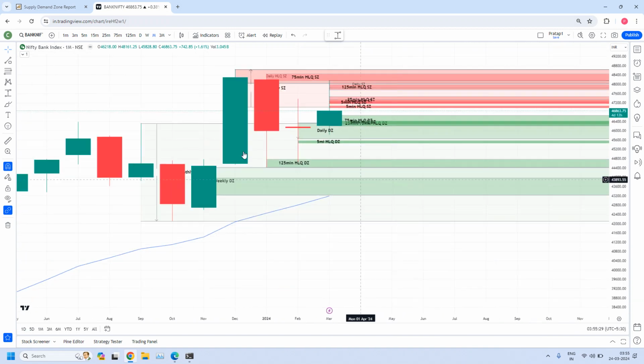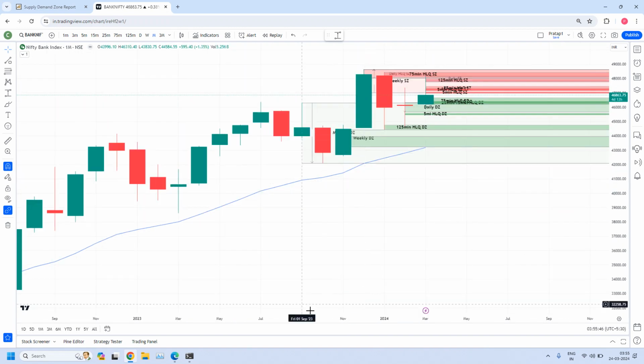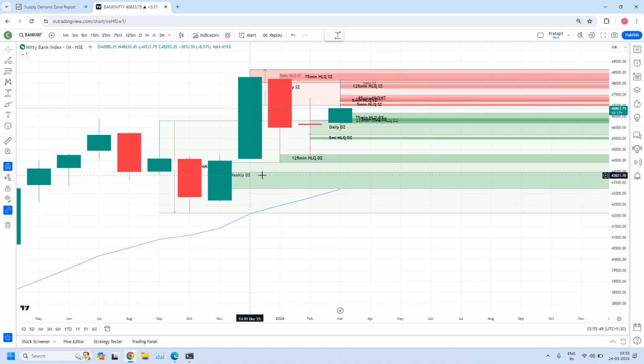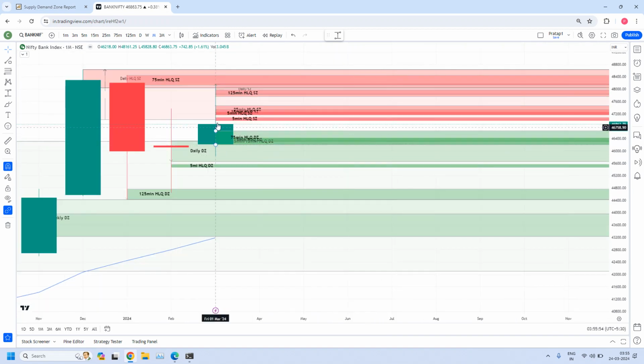Monthly has EMA confluence with this weekly demand zone. There is a weekly demand zone here. Inside monthly we have a weekly. Definitely within this weekly some high liquidity zones will be there, but we didn't draw them because prices are too far from here.